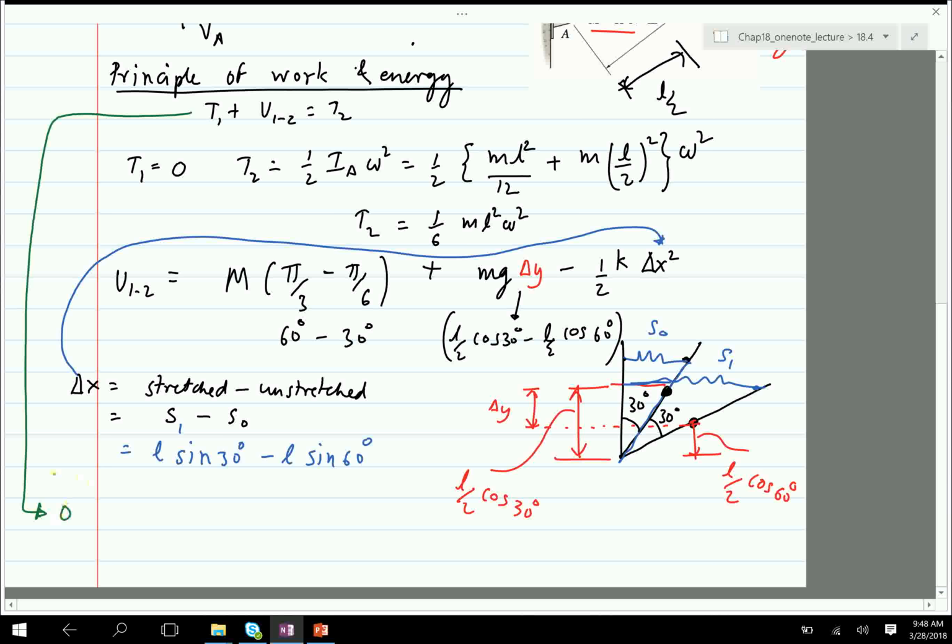So T1 is 0 plus U12, which is all these things over here. I actually computed all of them, so I will just give you the answer I got.